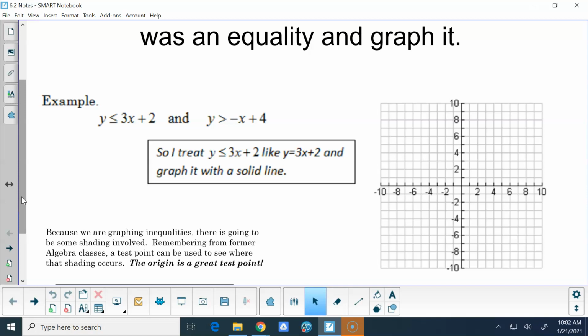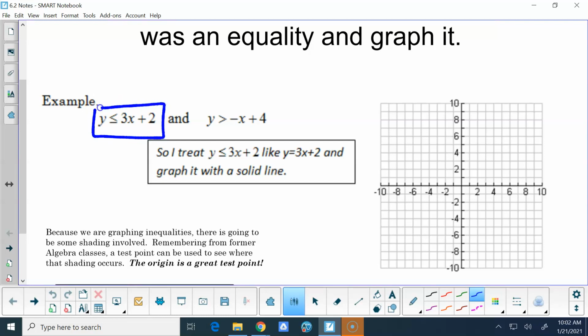So I'm going to treat those individually. I'm going to look first at this one, and I'm going to treat that like y equals 3x plus 2.